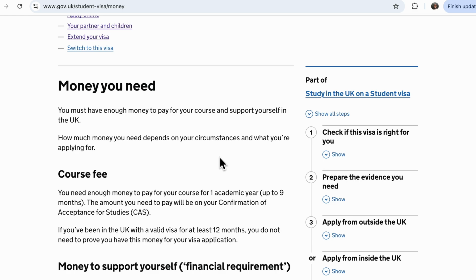How much money you need depends on your circumstances and what you're applying for. The course fees: you need enough money to pay for your course for one academic year, that's up to 9 months. The amount you need to pay will be on your confirmation of acceptance for studies. So as I said, the unconditional offer is really important because you'll find all the information that you need on that document.